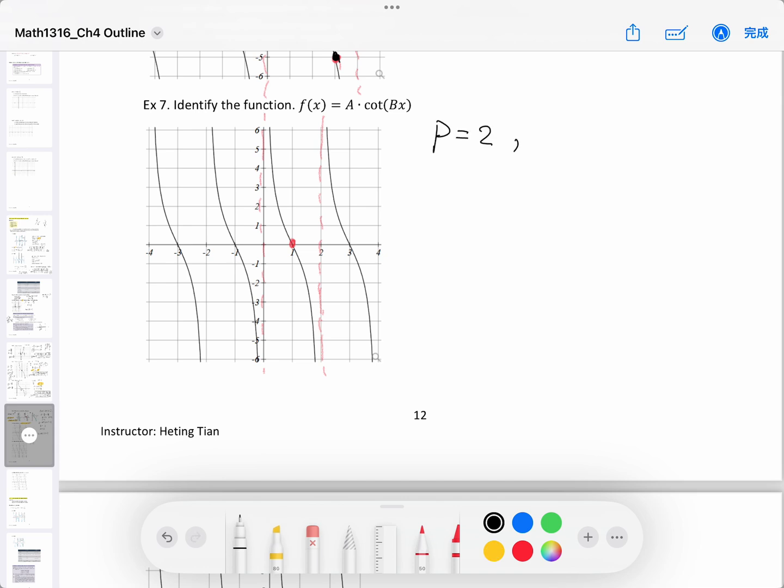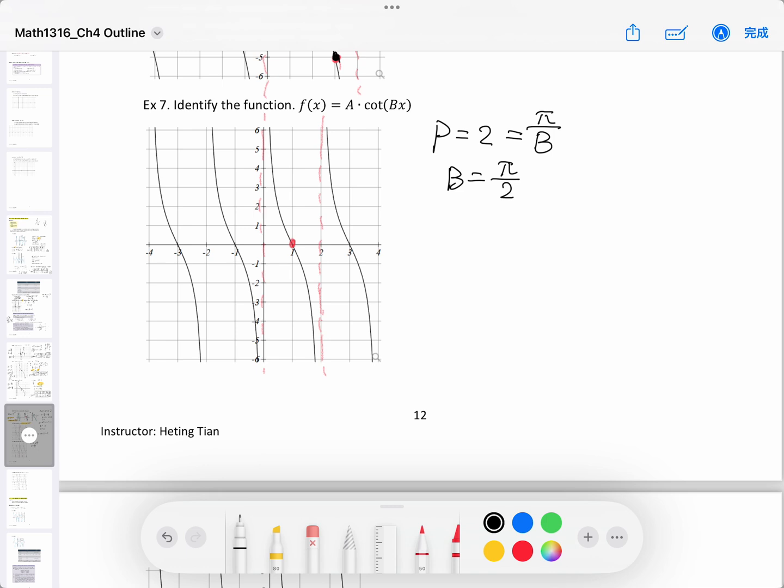And what is b? Period 2 is equal to pi over b. Multiply by b, both sides divided by 2. b is equal to pi over 2.